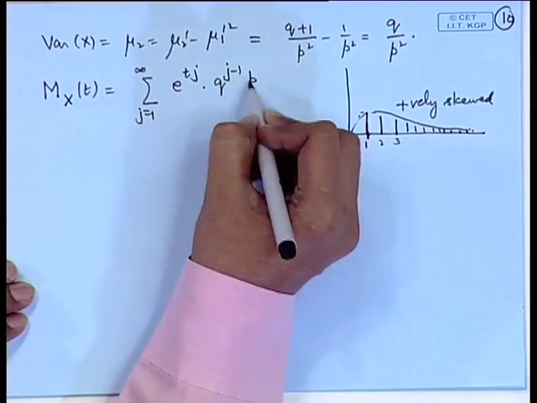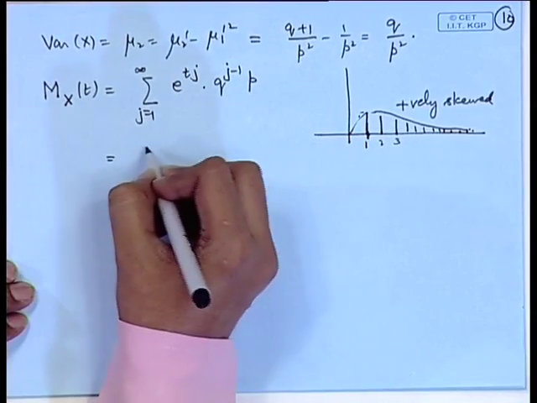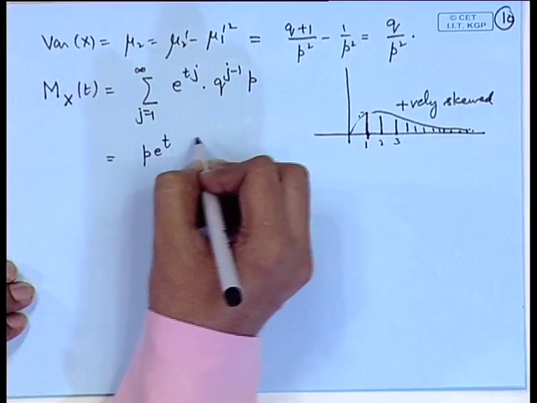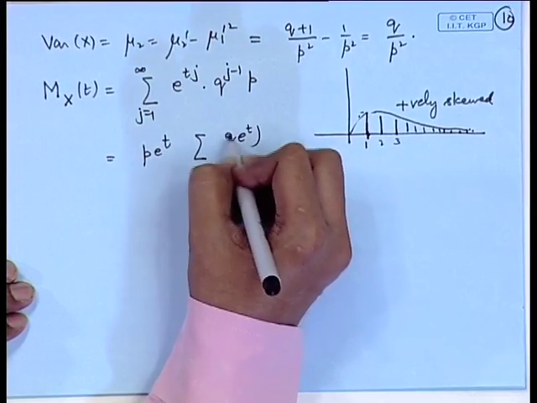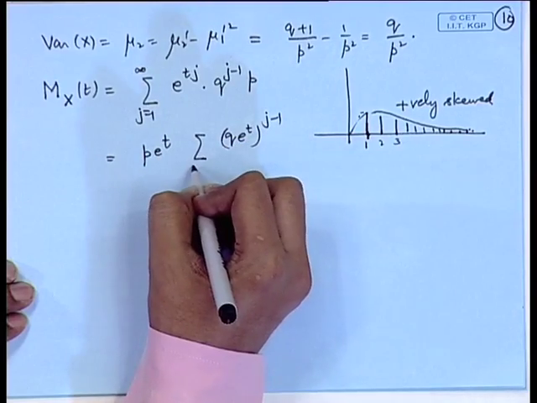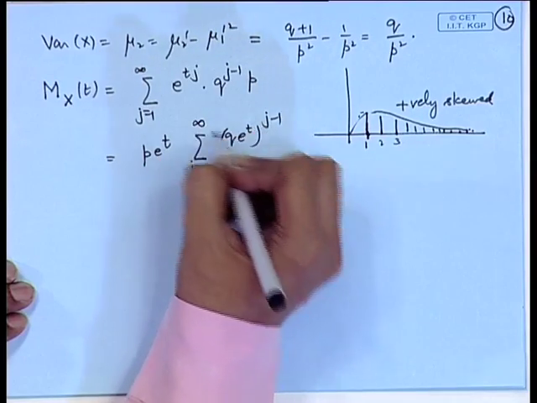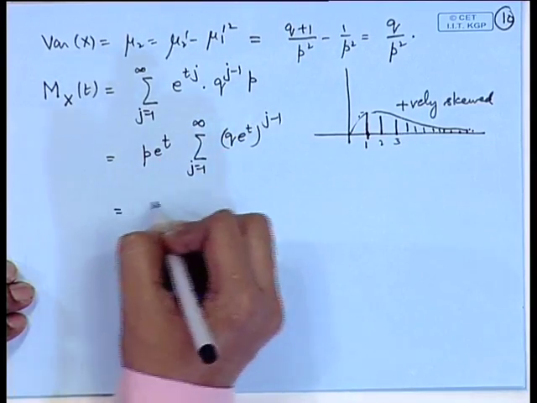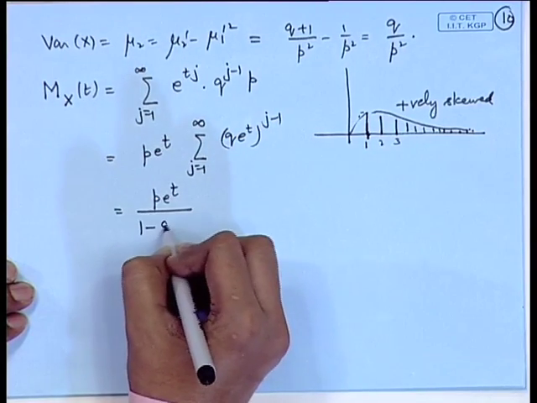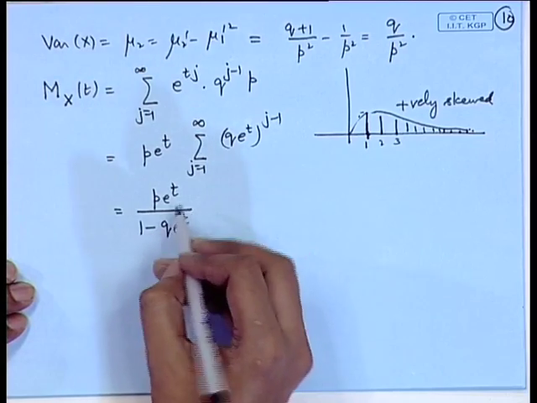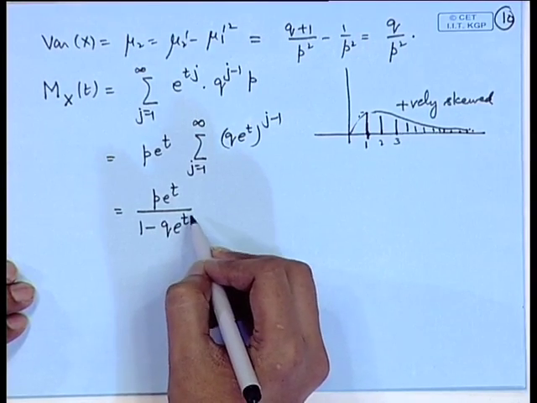So, obviously, we can see here that this can be expressed as p e to the power t times q e to the power t to the power j minus 1, j is equal to 1 to infinity, which is nothing but the infinite geometric sum as an expansion of 1 by 1 minus q e to the power t.